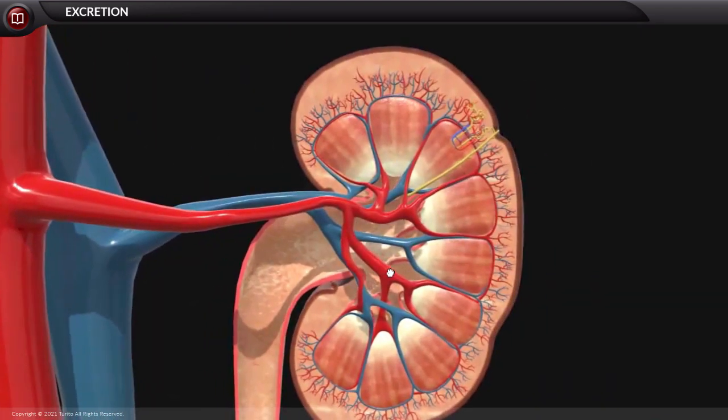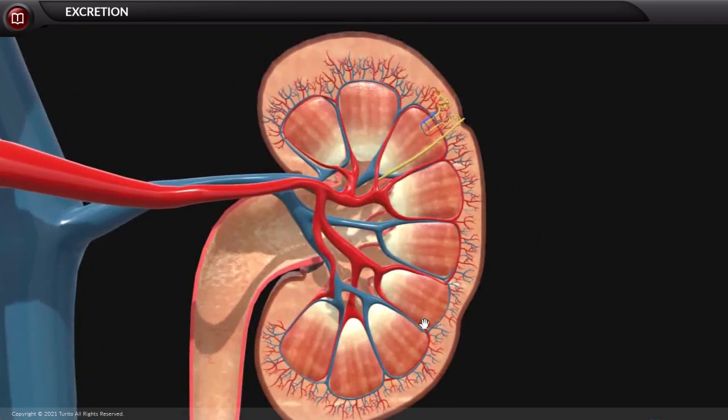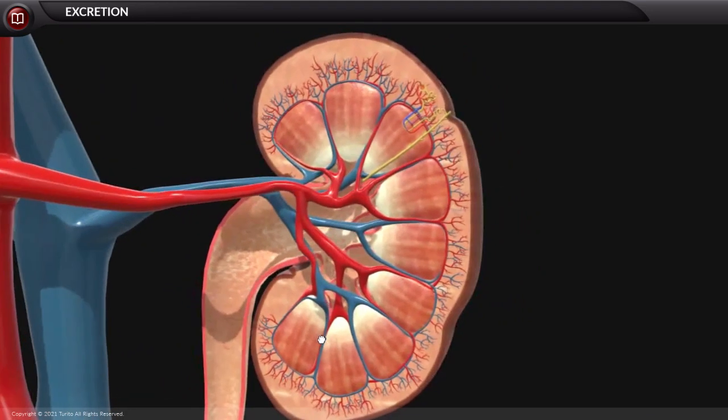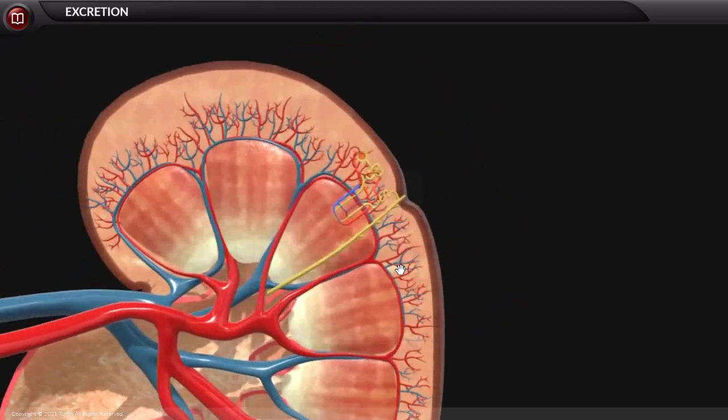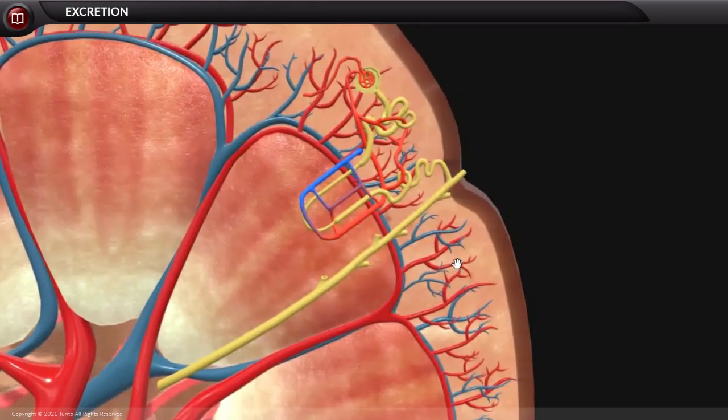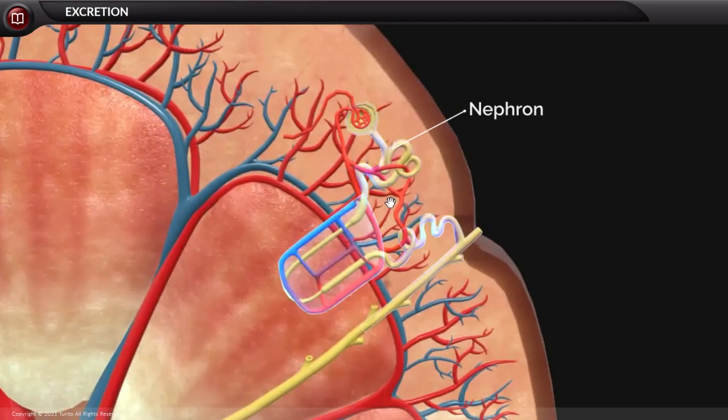Now inside the kidney there is a structural and functional unit which is responsible for filtration of blood. We have many units present called nephrons. The nephron is responsible to filter and reabsorb the nutrients so that there is only specific elimination of the nitrogenous waste.